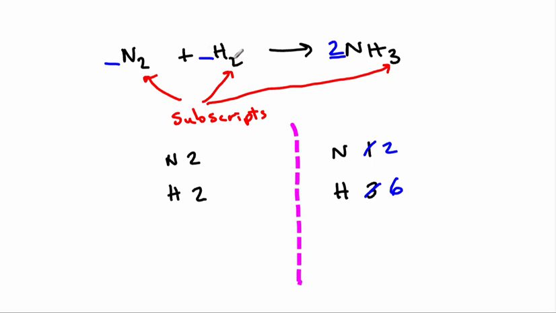And so I know that there's already a subscript of 2, so I'm going to use a coefficient of 3 because 3 times 2 will give me the 6 that I need. So this is an example of a balanced equation, and just remember the only thing you can change are coefficients.